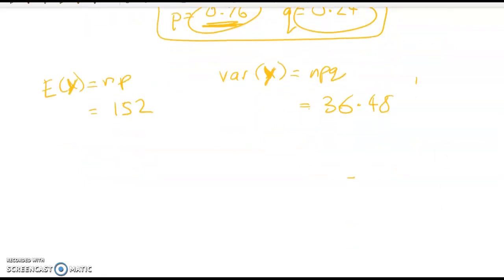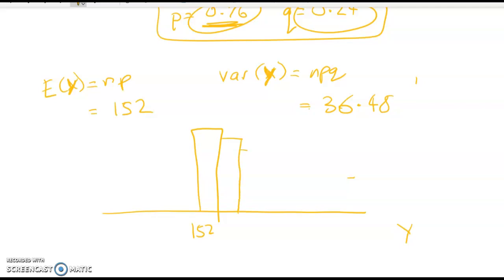So we can draw a bar graph to represent Y, and the bar graph will have the average at 152. If you do this in GeoGebra, and I haven't had time to do this morning for this video, you'll see that you get a roughly normally distributed bar graph.